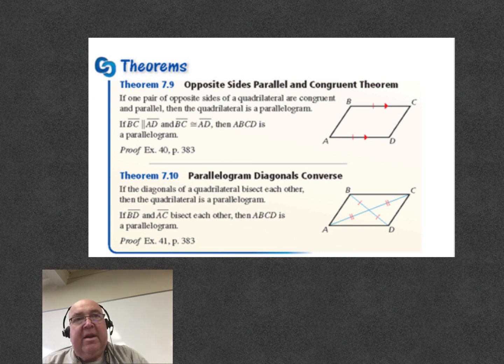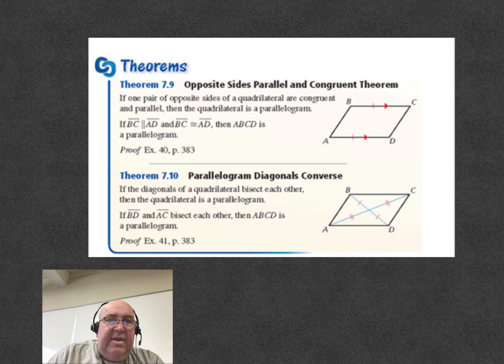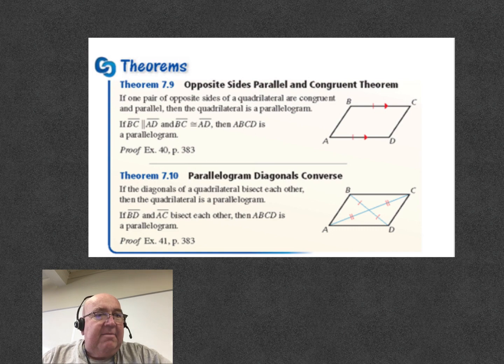Alright, so the opposite sides parallel and congruent theorem. If an opposite side is both the same length and parallel to the other opposite side, then that is a parallelogram. And also, if the diagonals bisect each other to have equal segments on both sides of the intersection, then that makes it a parallelogram as well.